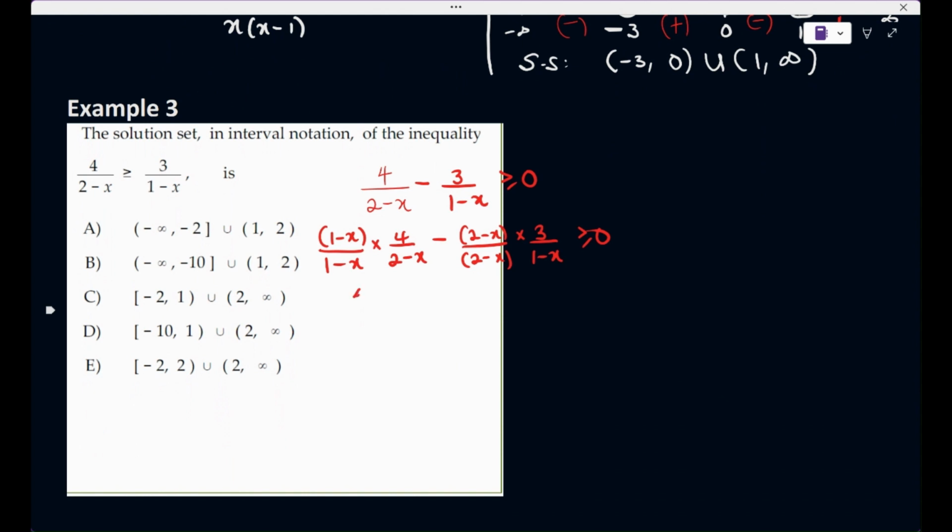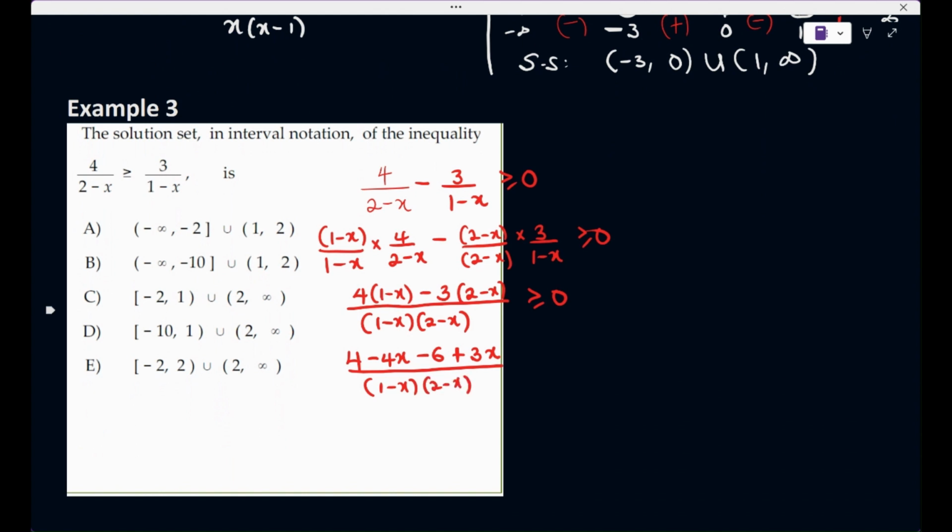Now with this, you'll have 4 into 1 minus x minus, you can write it as 3 into 2 minus x. Then you see now we have the same LCD, or the same denominator, right? And this is greater than or equal to 0. Then we just need to simplify. You have 4 minus 4x minus 6, plus 3x, all over 1 minus x, 2 minus x, greater than or equal to 0.